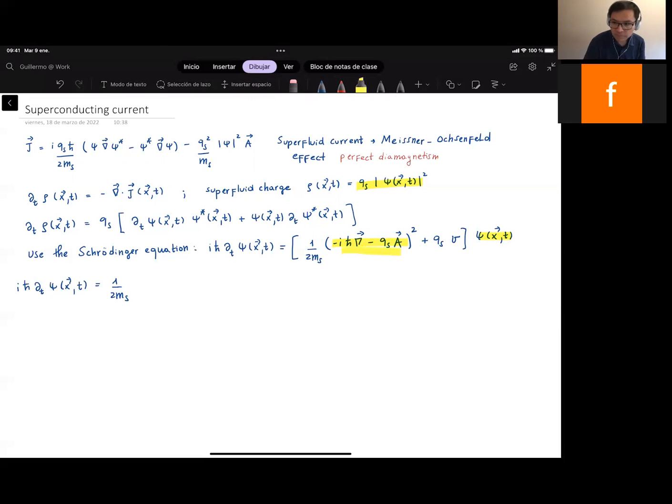So this quantity we have here to the square means the following operation. So this is minus i ħ the gradient operator minus QS AS, this is dot, and the same quantity minus i ħ gradient.